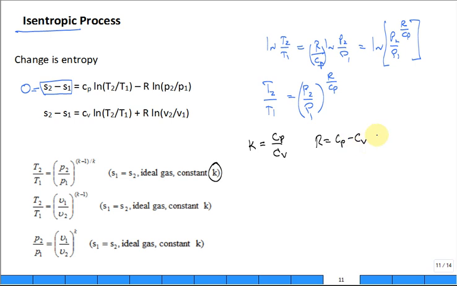So R over C sub P is equal to C sub P minus C sub V over C sub P, which is equal to K minus 1 over K. Thumbs up if you agree. So now that's equal to P2 over P1 to the K minus 1 over K.